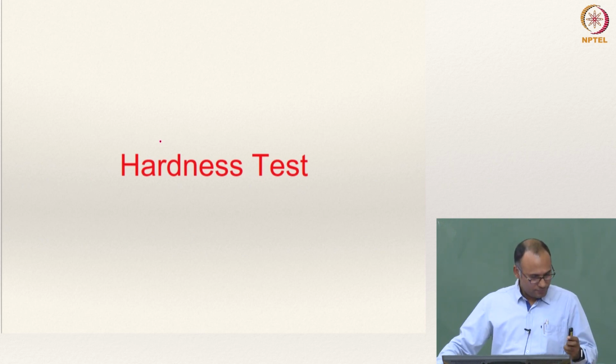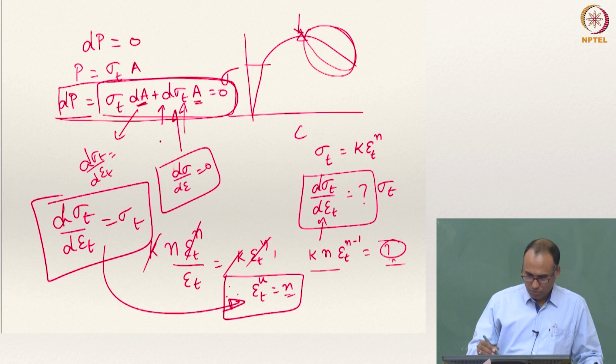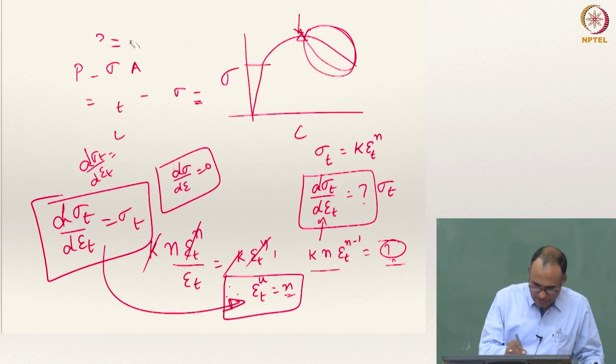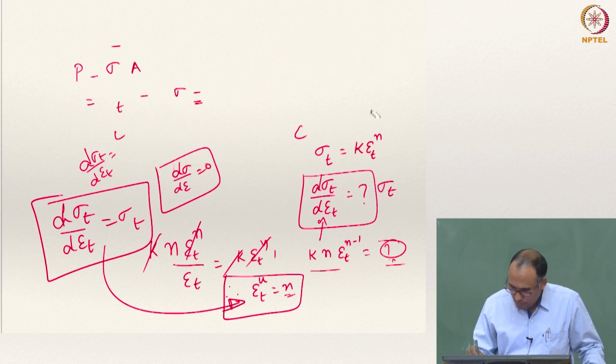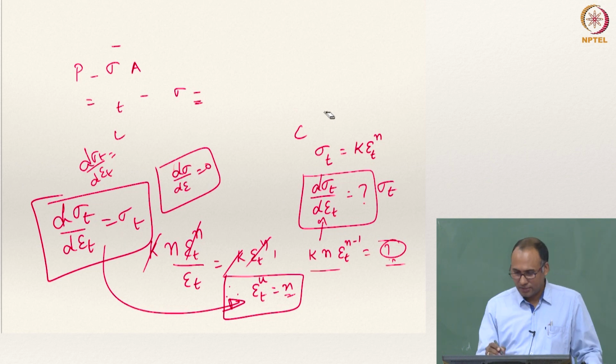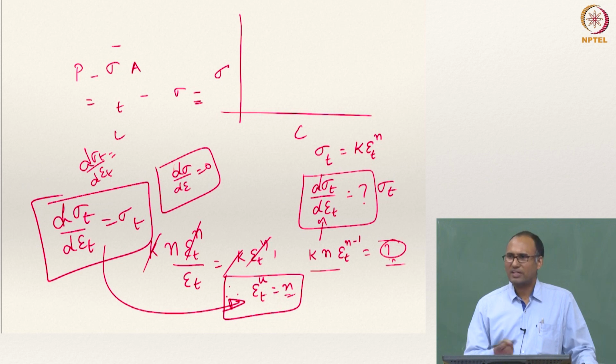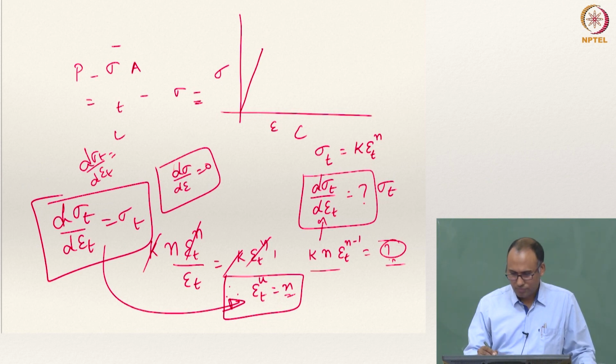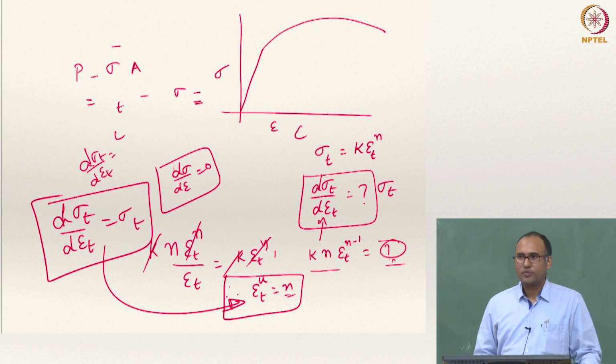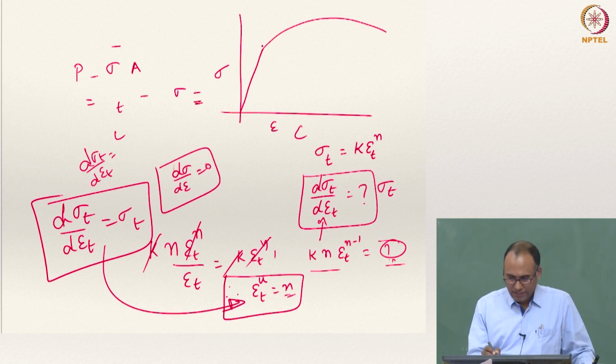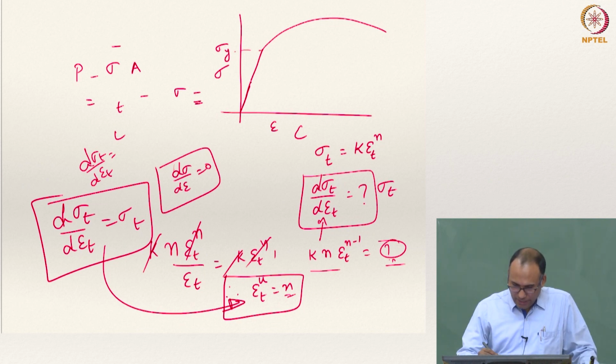Before I move on, I would like to spend a couple of minutes giving a little bit more understanding. Okay, let us say you have this stress strain curve. For the time being, let us draw the engineering stress strain curve. All right. Now I am doing this test, and this is my sigma y. Now let us say I have loaded this up to here, and then I decided to unload.